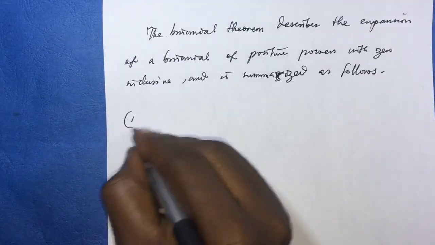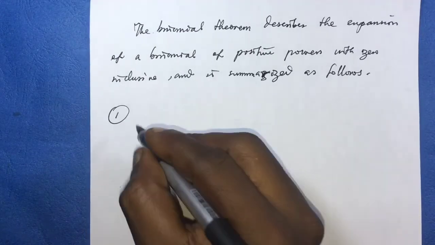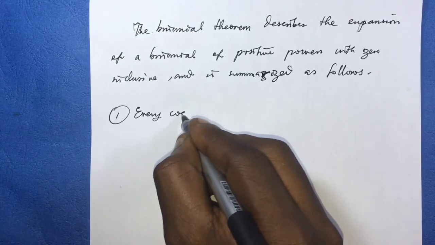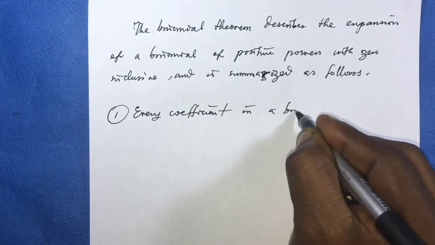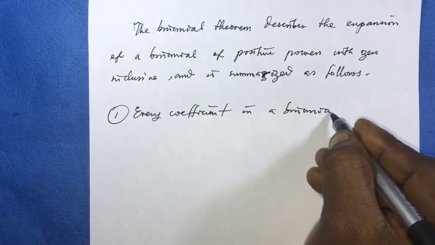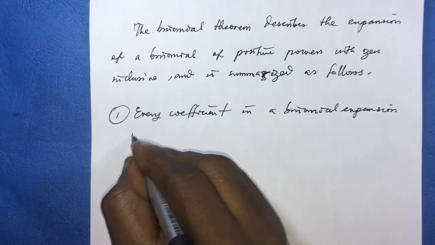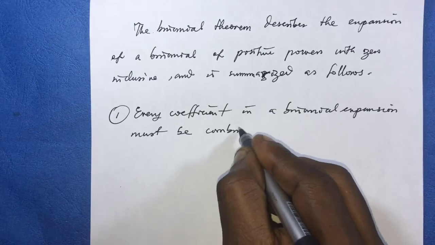Number one, the first thing that the binomial theorem says is that every coefficient in a binomial expansion must be combinatorial in nature.